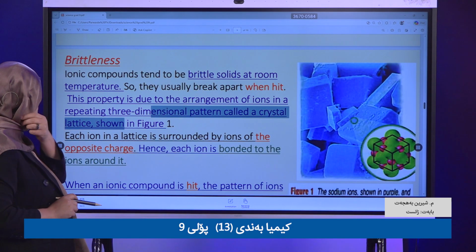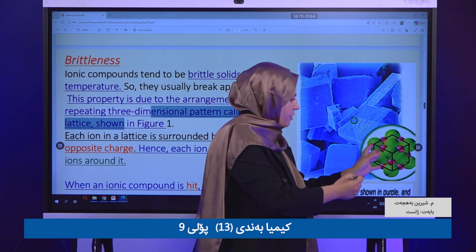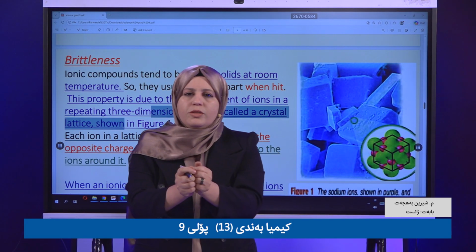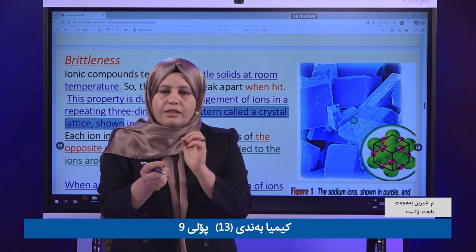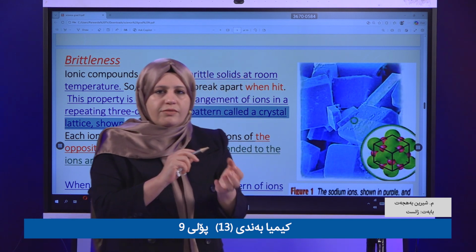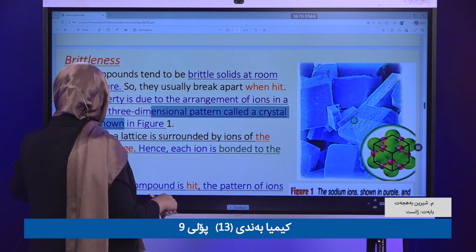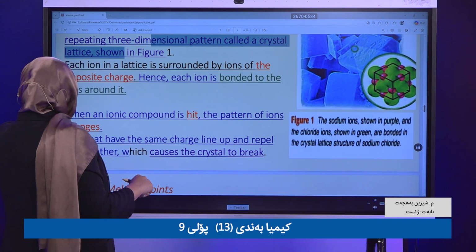Clear? How are they bonded? The attraction between them is very, very strong. Why? Because it's between positive and negative, which is between metal and non-metal. Clear?